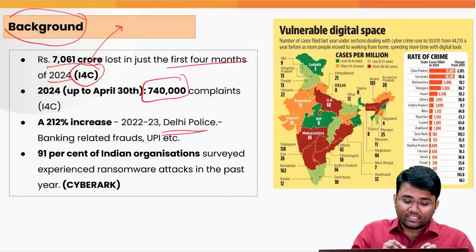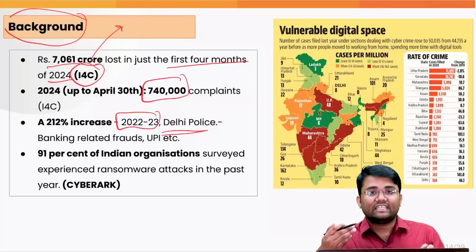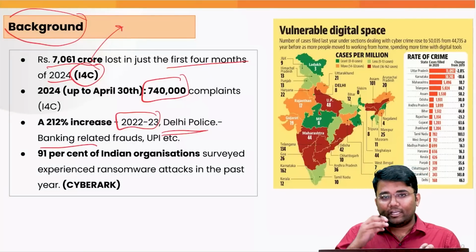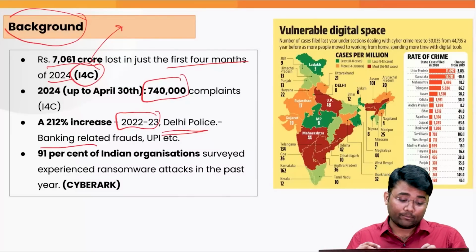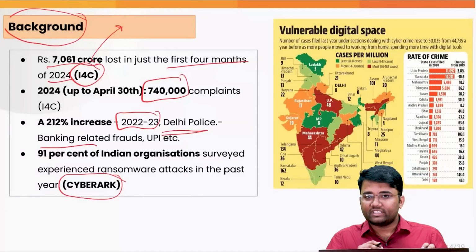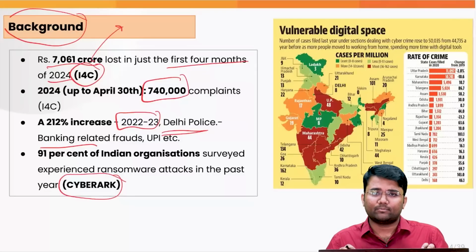Also, Delhi Police have said that in 22-23 there was almost a 212% increase in cyber security related incidents, especially banking related frauds and UPI related frauds, which have seen an uptick. Also, a firm named CyberArk did a survey on major government as well as private establishments.